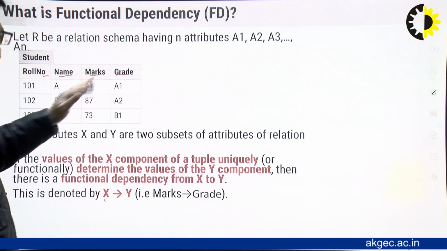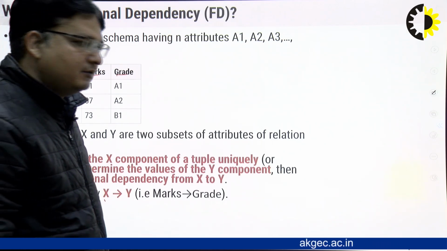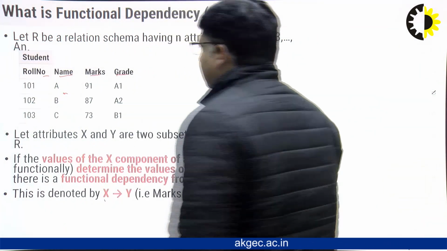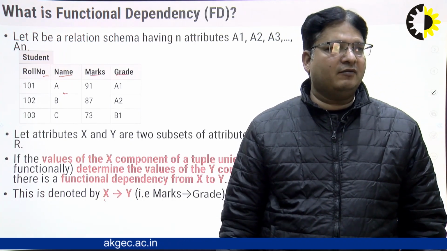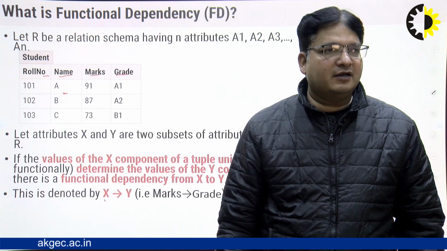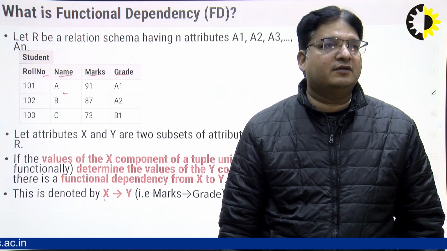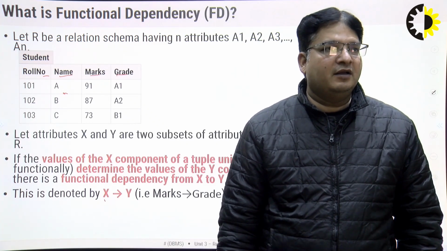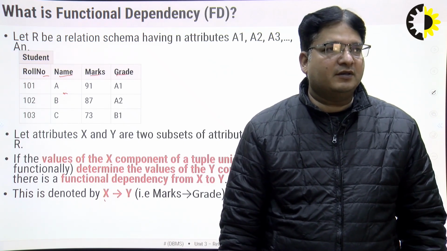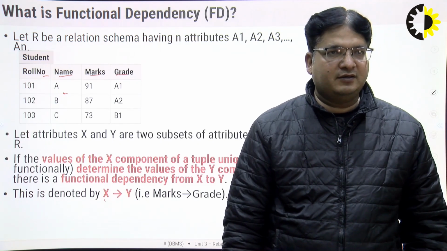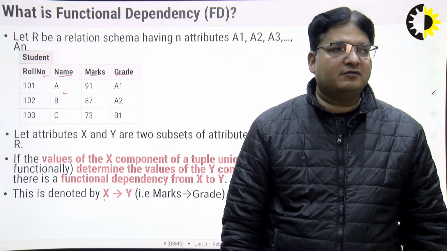For example, consider our following relation where we can see that marks determine grade. A student having 91 marks is getting A1 grade, a student having 73 is getting B1 grade and 87 is getting A2 grade. So, in a real-time example, we are already seeing that marks determine grades. So, that is also an example of functional dependency.